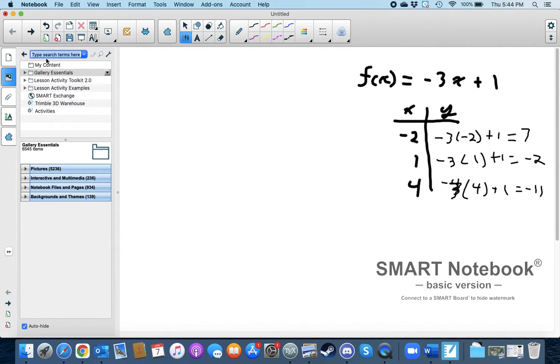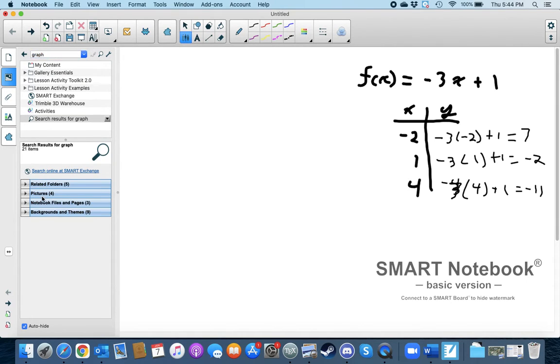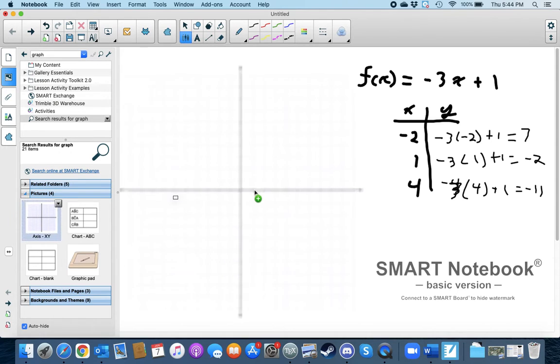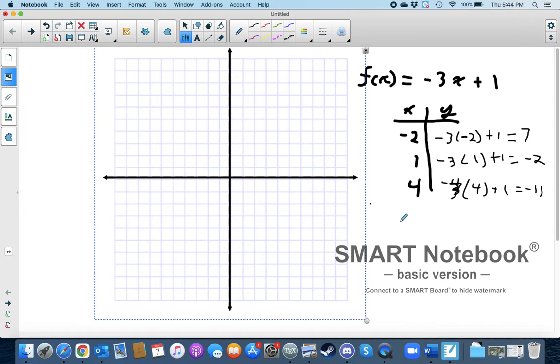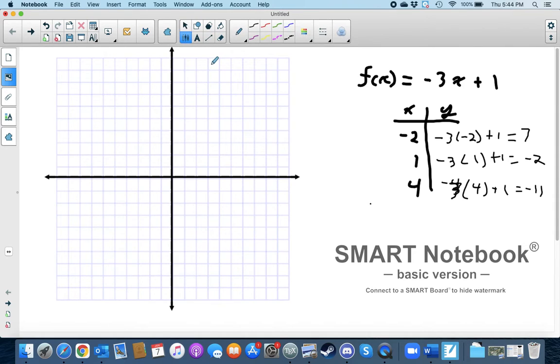Now, one of the reasons I chose 4 is because it does give me negative 11. Because I want you to see that if we are talking about our graph, we see here that we don't actually have negative 11 on here. We go to 1, 2, 3, 4, 5, 6, 7, 8, 9, and 10.